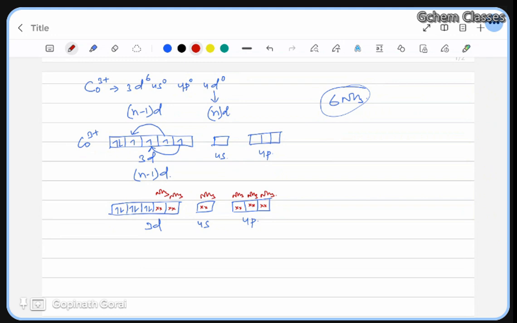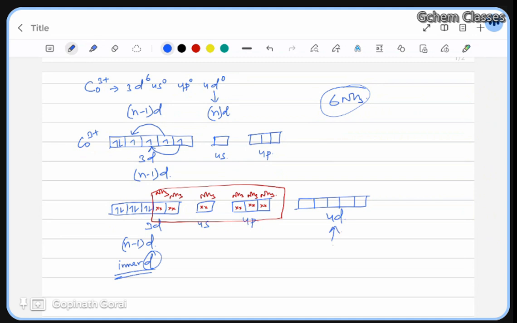Now you just see, this many orbitals are participating in hybridization. We are using n minus 1d. It means we are using inner d, the inner d orbital, right? If suppose we are using this d, 1, 2, 3, 4, 5, this is 4d, that is outer d.